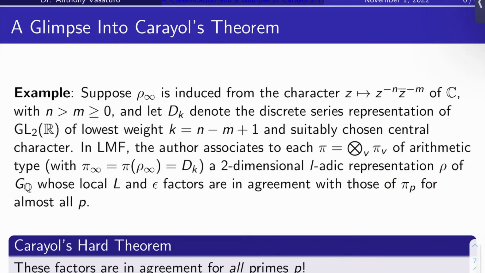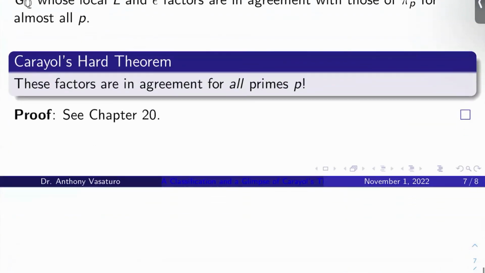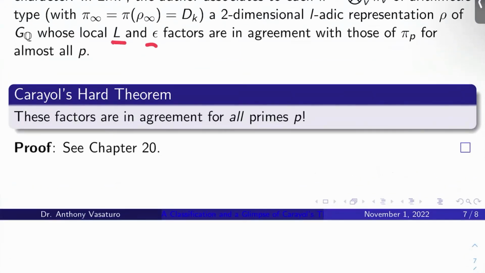We took an arithmetic type representation and associated to it an L-adic representation rho of the Galois group of Q. And the L and epsilon factors of these two representations match locally for almost all prime indices p. And Carayol's hard theorem essentially says that, as a matter of fact, these L and epsilon factors are in agreement for all primes p.